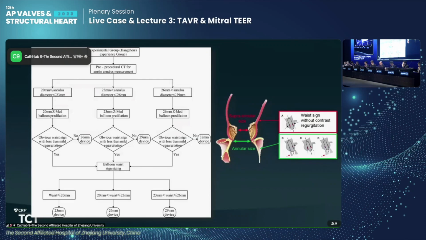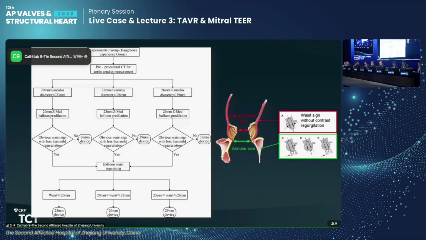We will downsize. If the patient has only one of the two, either no waist sign or regurgitation, we will follow the traditional annulus-based sizing strategy.